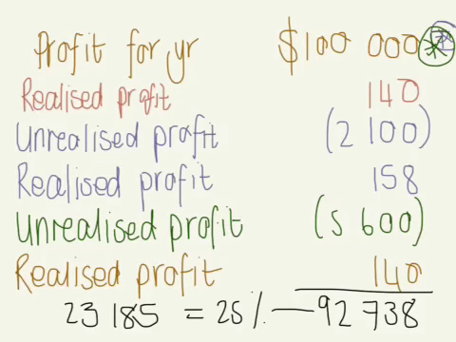And that is one of the entries then that we'll pass to increase our investment in the associate, reflecting the fact that we've got a higher value of investment in the equity of the associate at the end of the financial year.